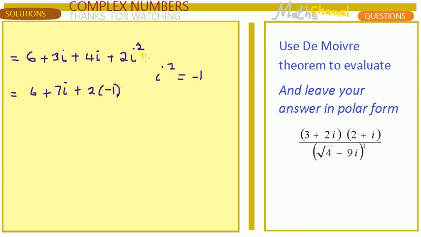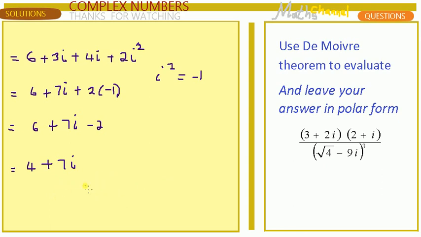So we'll change the i square to negative 1, so changing that one, negative 2. So we'll add negative 2 with the 6, and then we'll have 4 plus 7i. There we have to change it to polar form.